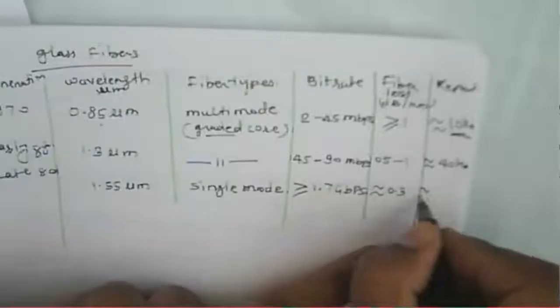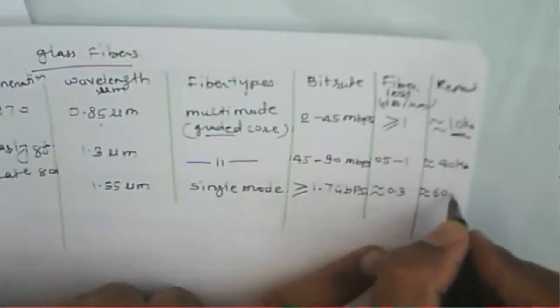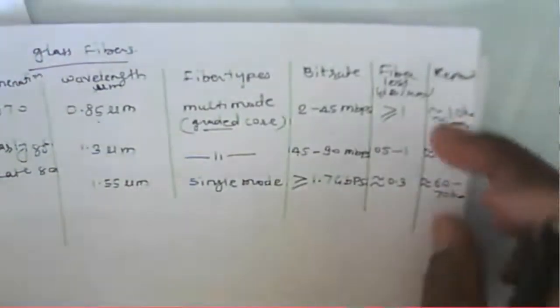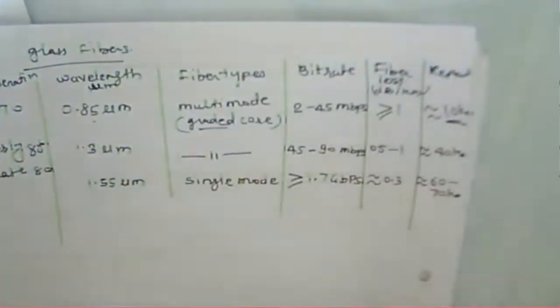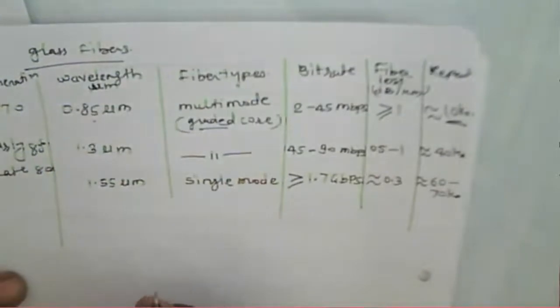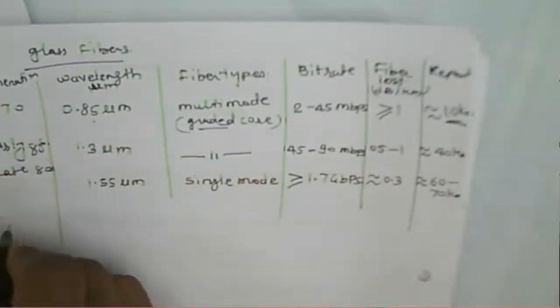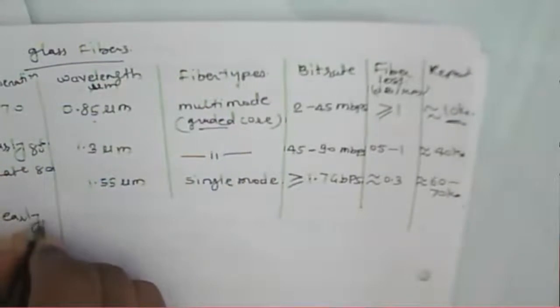The loss is approximately 0.3, the loss reduces, and the repeater spacing is from 60 to 70 kilometer.